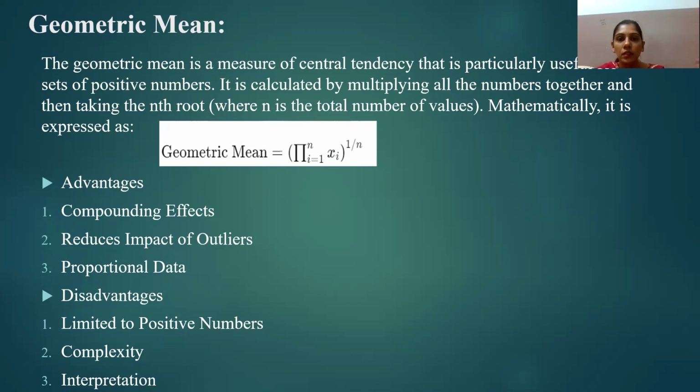In finance, the geometric mean is employed to calculate the average return on investment over multiple periods, that is, the ROI over multiple periods. It takes into account the compounding effect of investment returns, which provides a more accurate reflection of performance compared to the arithmetic mean.